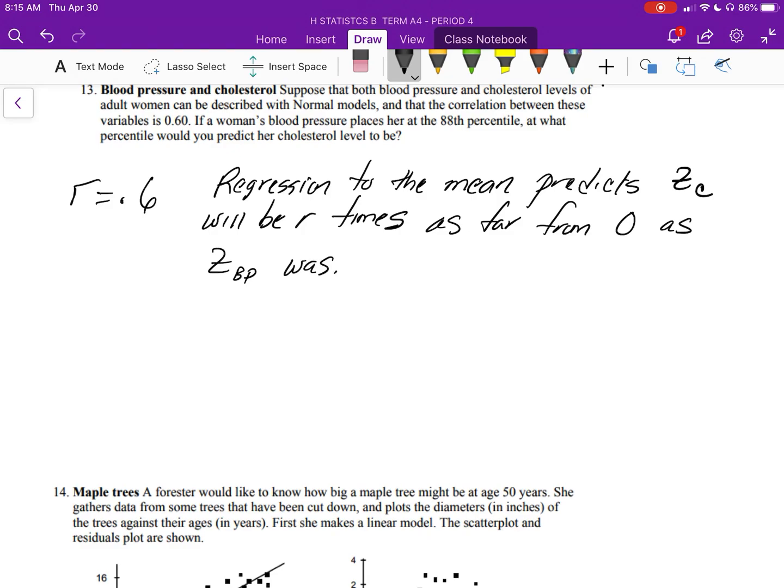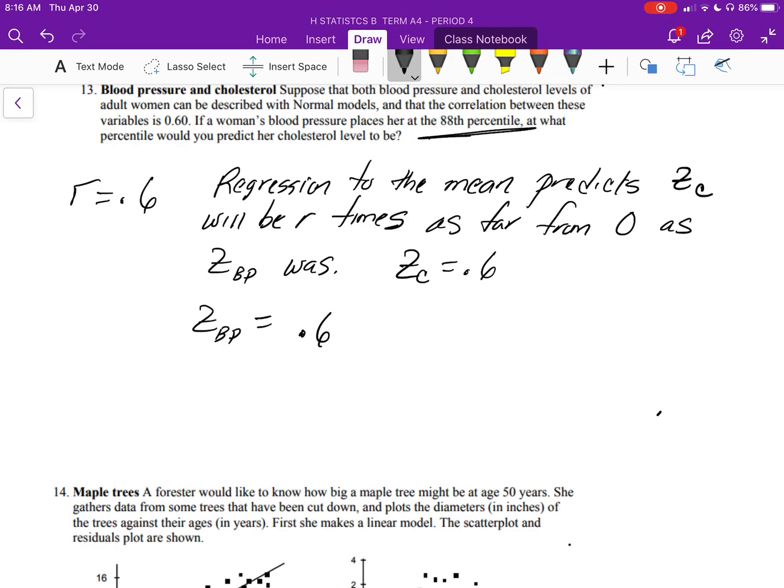All right, so our Z-score for cholesterol is equal to 0.6 times our Z-score for blood pressure at the 88th percentile. So how do we get that?